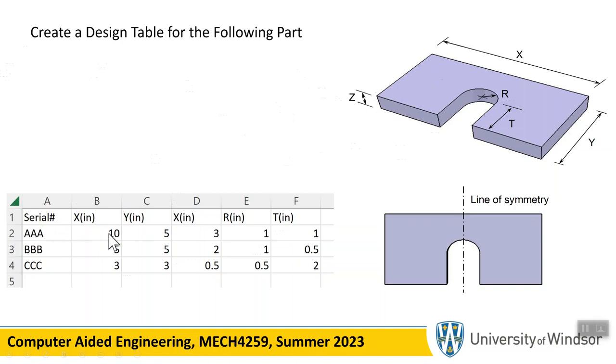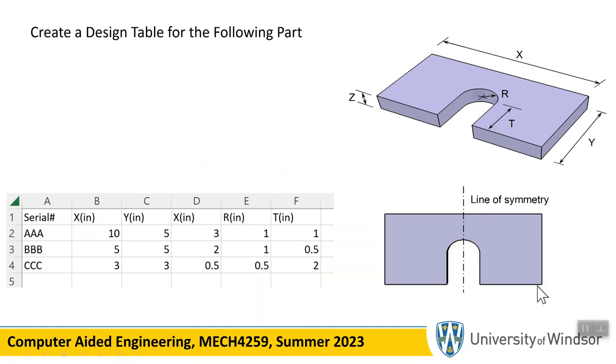But these are the things that I guess the company that you're working for makes. These are the dimensions. This is the serial number. Okay. So make sure you create a design table so that when you select this row, the whole thing resizes according to the specification. When you select the next row, the whole thing resizes according to those specifications. So that's what creating a design table means.